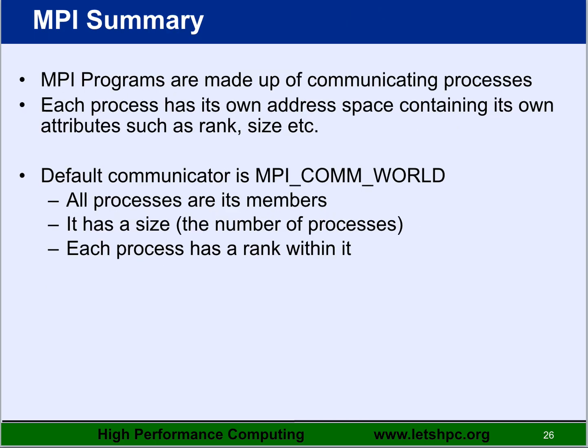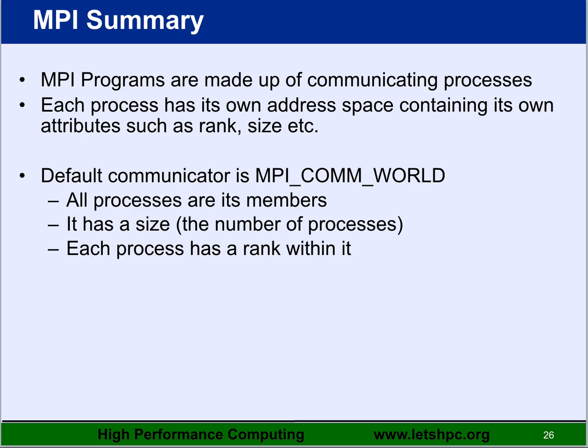So let us summarize what we have learned till now. We have seen that MPI programs are made up of communicating processes. Communication takes place among the many processes which are involved. Each process has its own address space.